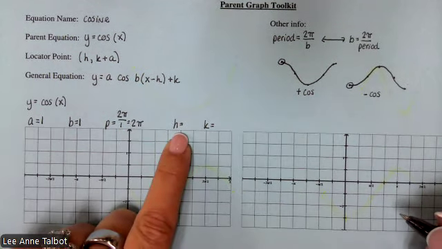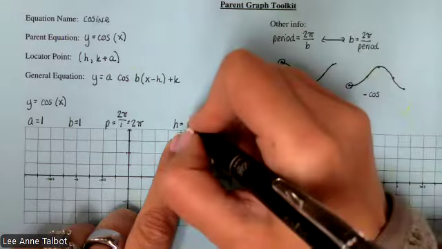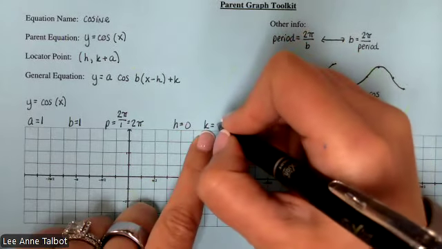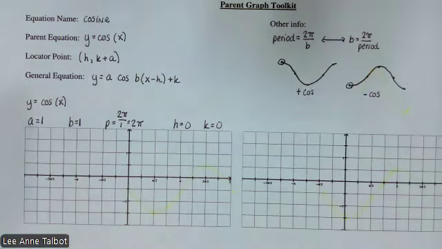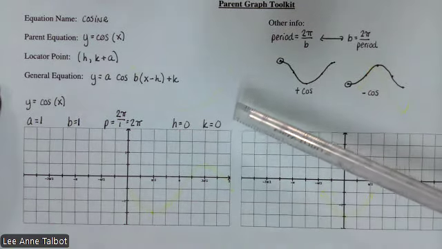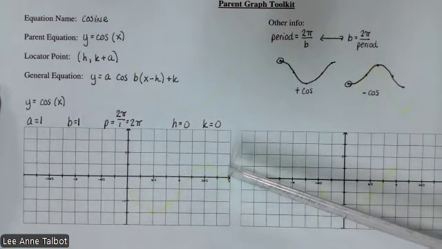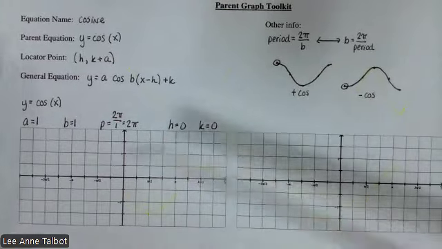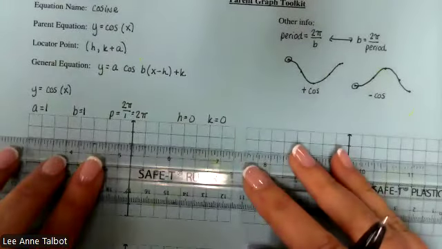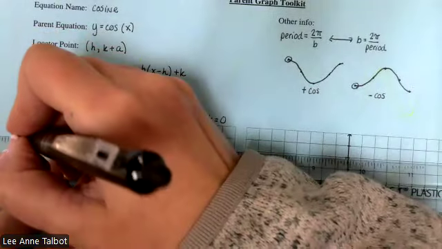H is 0, K is 0. Okay. So I start with the midline at 0. It's already bolded. Don't need to worry about it. Amplitude is 1. I'm going to go on either side of that 1 unit.